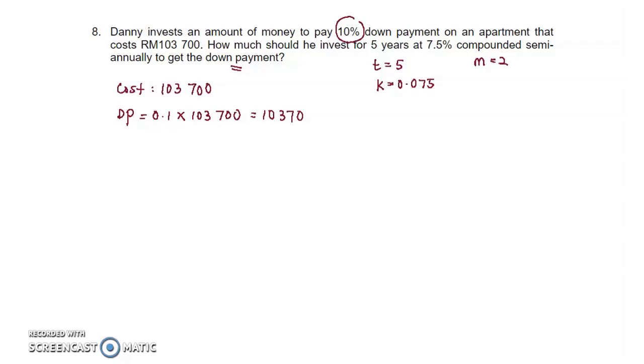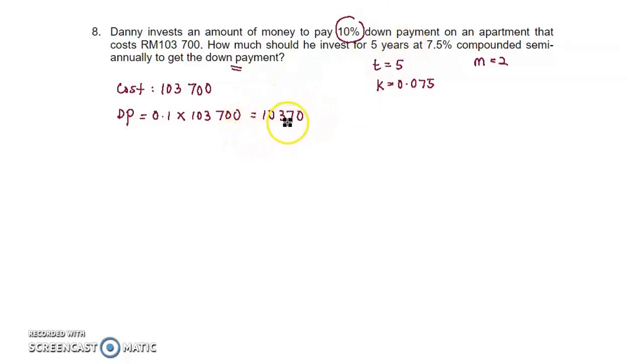Now the question asks how much he should invest for 5 years at 7.5% compounded semi-annually to get the down payment. So how much should you save so that within 5 years you will get this amount back.